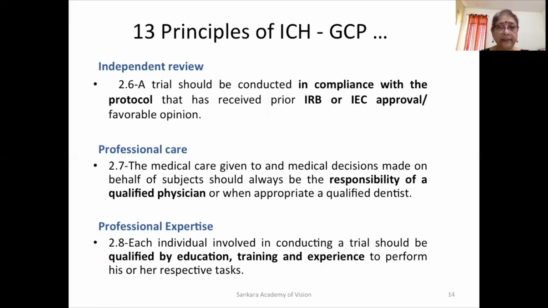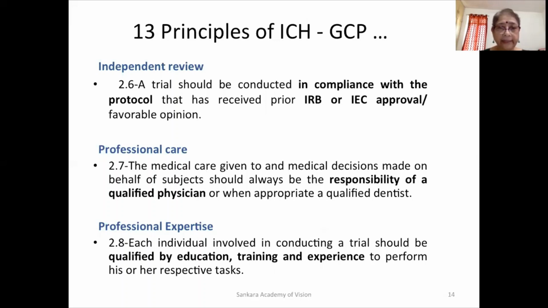So professional care, 2.7 talks about the responsibility of a qualified physician. So the physician cannot say that, okay, you are my participant, so whatever you encounter as a result of your medical after effects of having taken the intervention, that is not my concern.